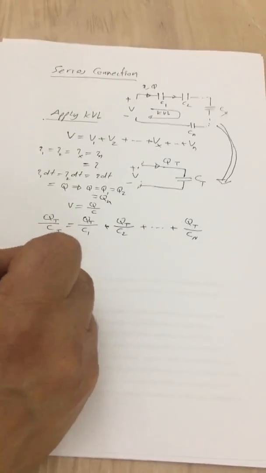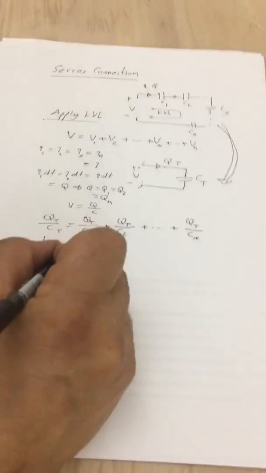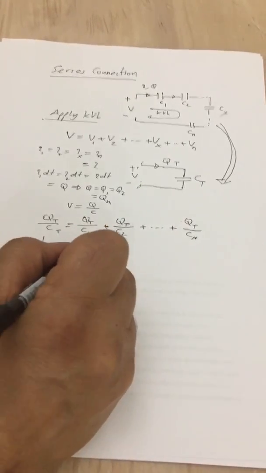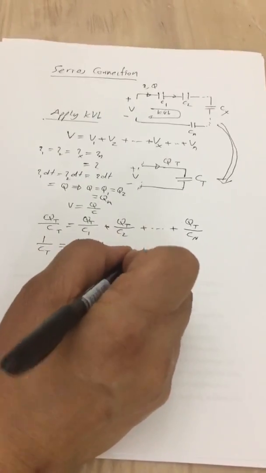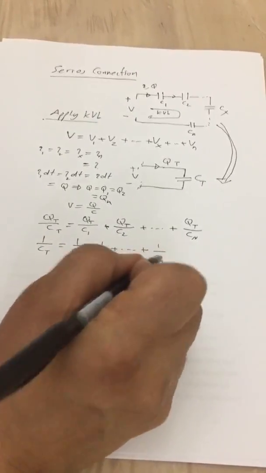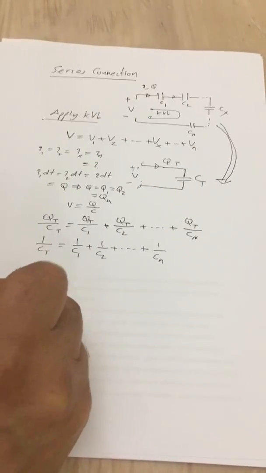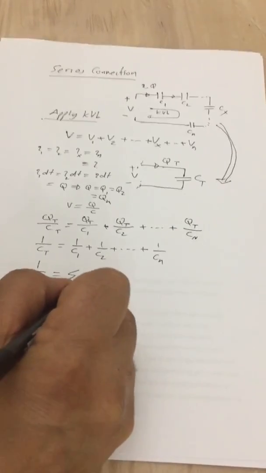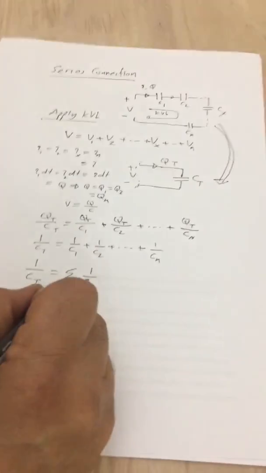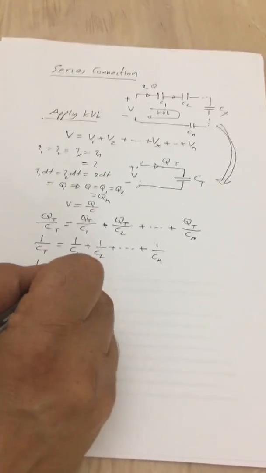So what we will get, 1 over C total is equal to 1 over C1 plus 1 over C2 plus 1 over Cn. Or 1 over C total is equal to the sum of 1 over Cj, from j equals 1 to n.